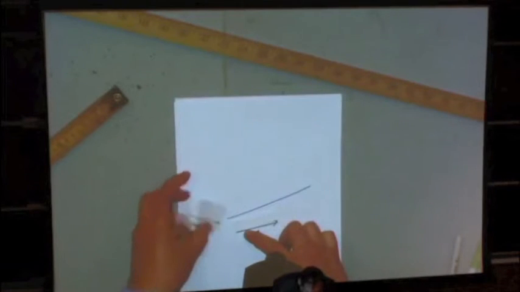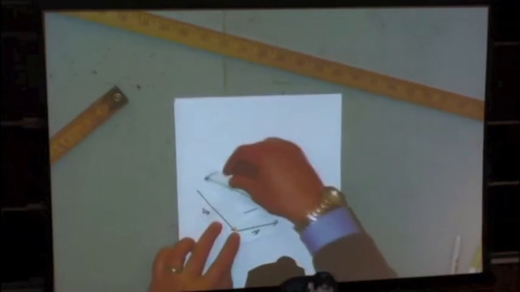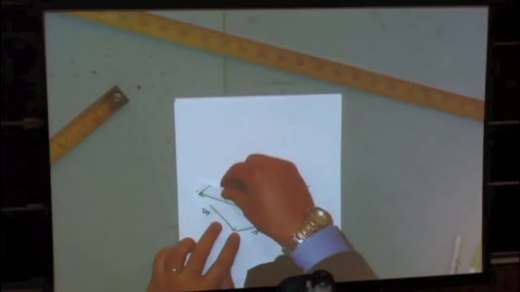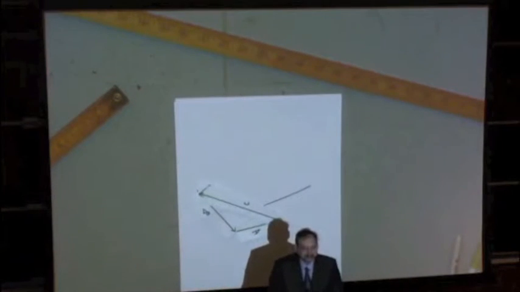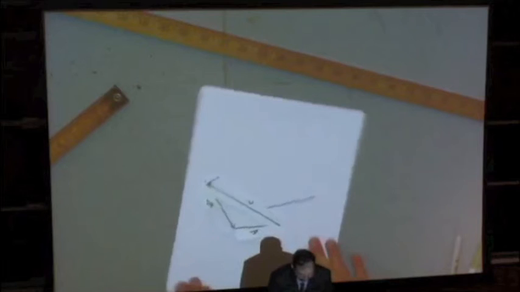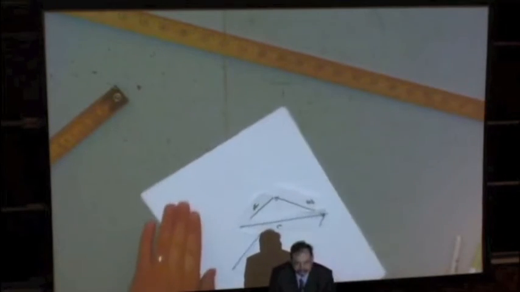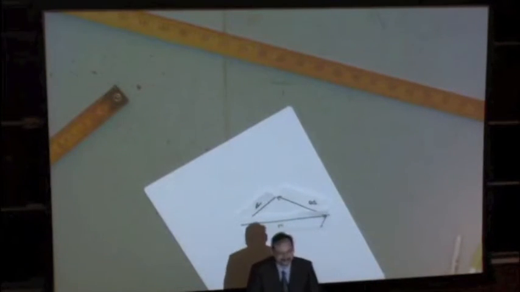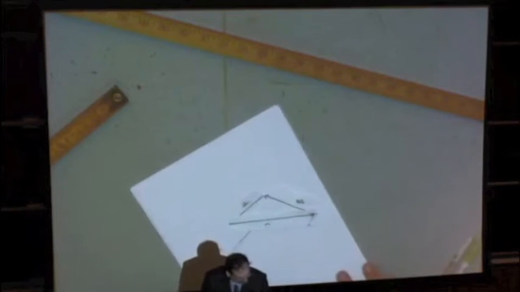Something like this. And why do you think that gives you the minimum possible magnitude? I can rotate.